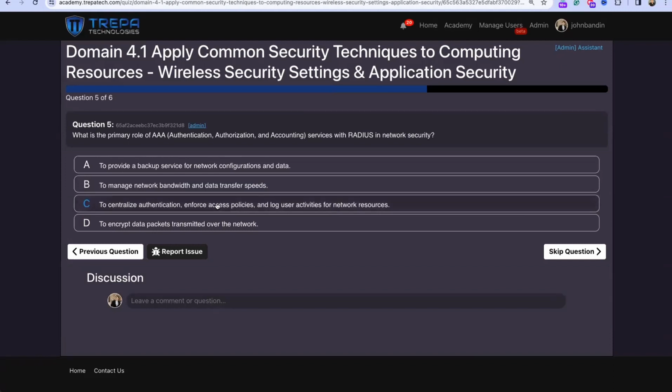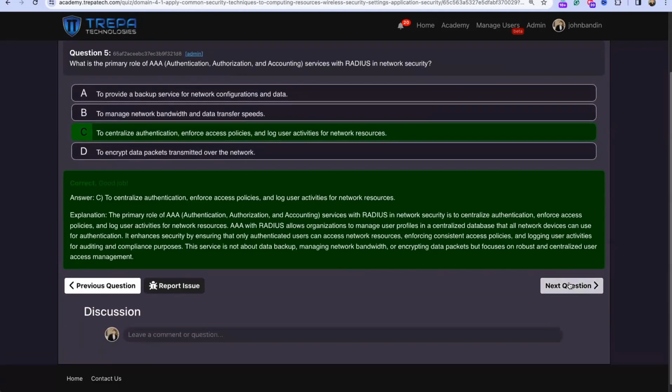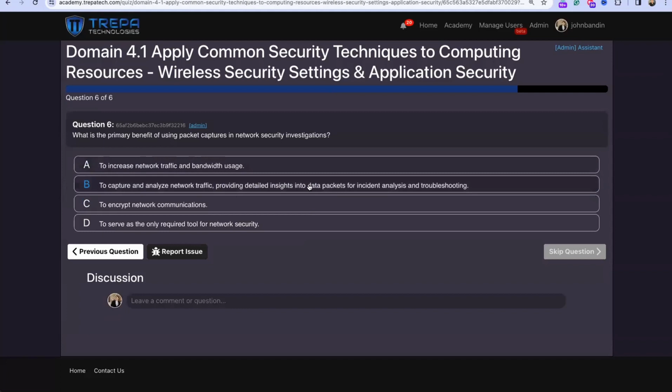That's going to be C, to centralize authentication, enforce access policies, and log user activities for network resources. Then the last question, what is the primary benefit of using packet captures in network security investigations? That's going to be B, to capture and analyze network traffic, providing detailed insights into data packets for incident analysis and troubleshooting.